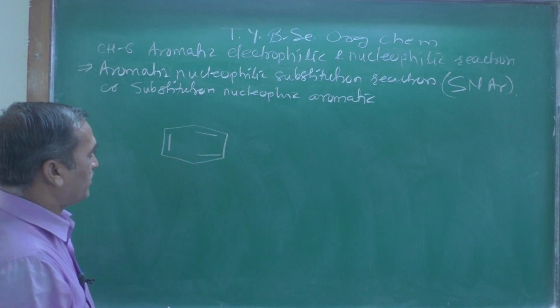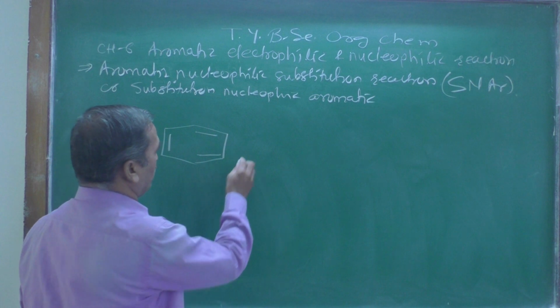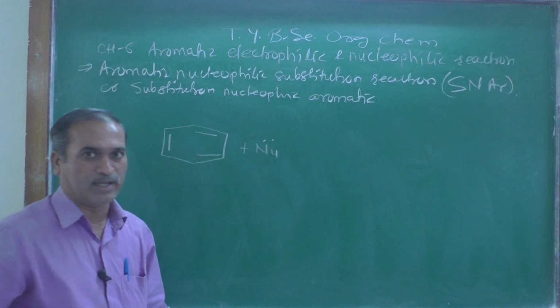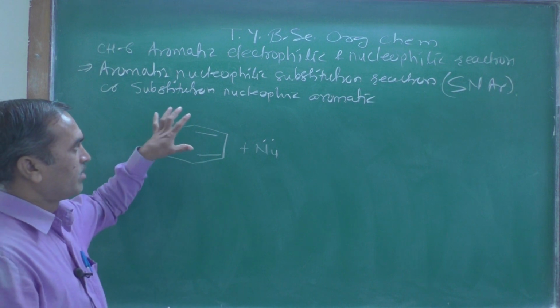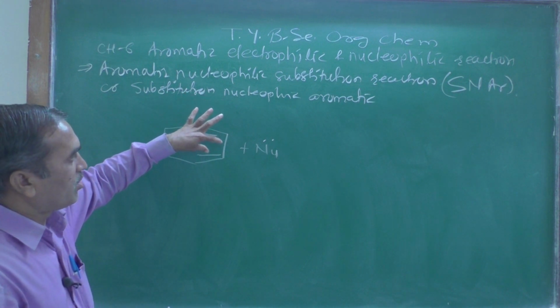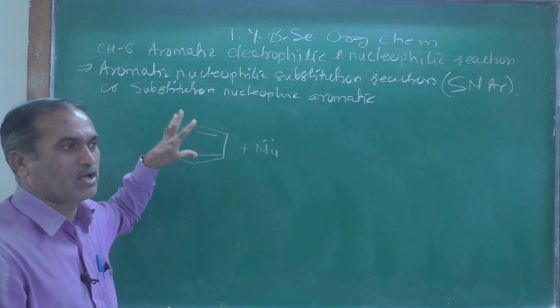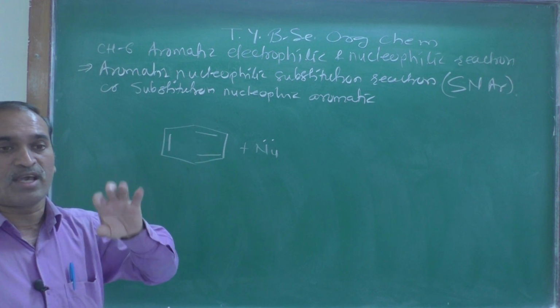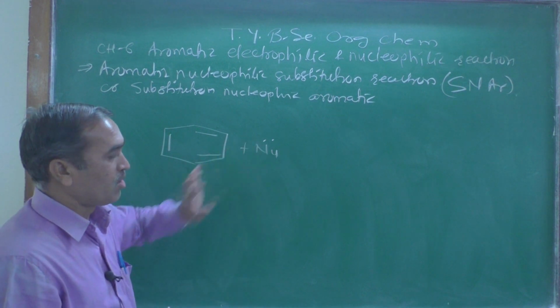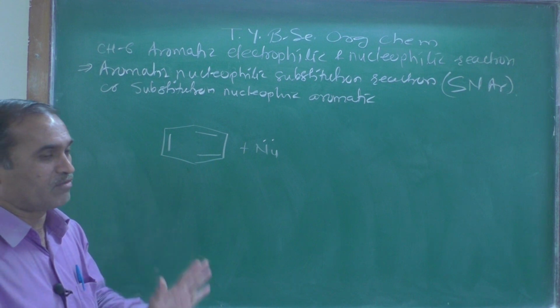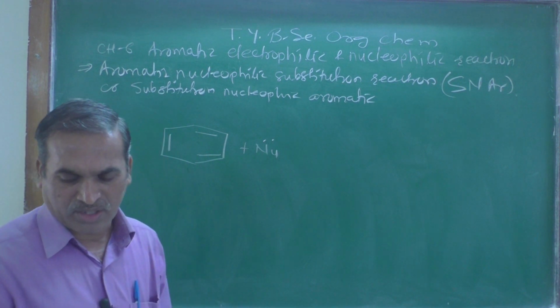Observe the structure carefully. This is a simple benzene, and when we add a nucleophile, the carbon-carbon double bond, single bond, double bond are also negatively charged, electron rich in nature. The nucleophile is also an electron rich species, and therefore there will be a strong repulsion.